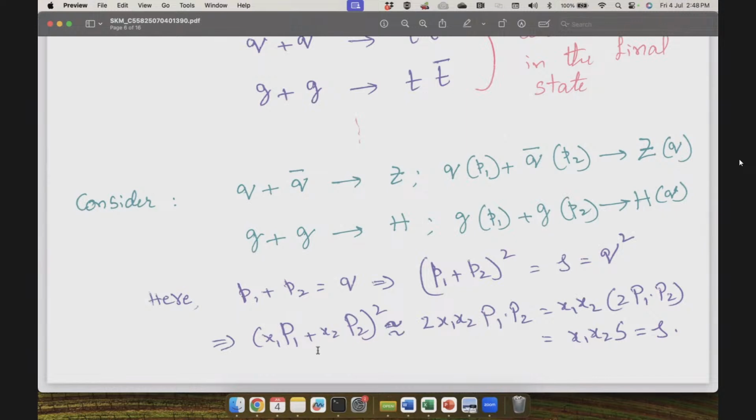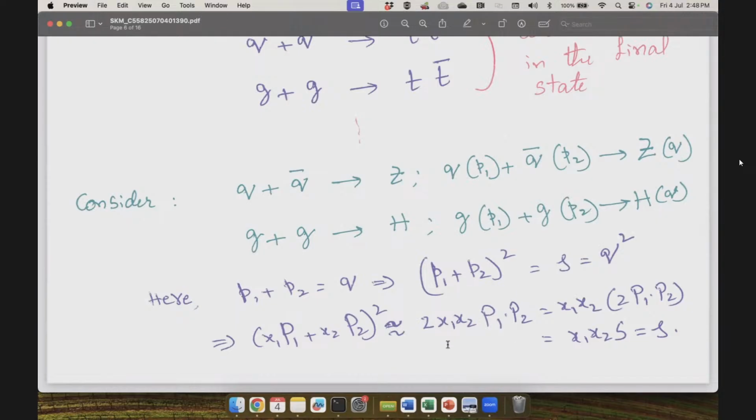When I expand this and take the high energy limit, capital P1 square and capital P2 square, in the case of LHC, are the mass of the protons, which is about 1 GeV. You can happily ignore them compared to the 13,000 GeV. In the high energy limit, the masses of the hadrons can be ignored.